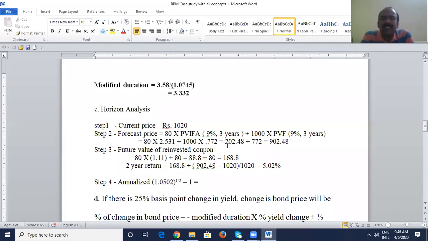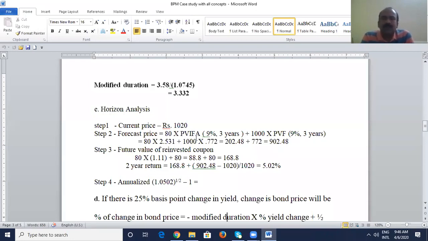So calculate 80 divided by 1.09 power 1, plus 80 divided by 1.09 power 2, plus 80 divided by 1.09 power 3, plus 1000 divided by 1.09 power 3. Or you can use the table value. If the table value is not given, you need to use the equation.